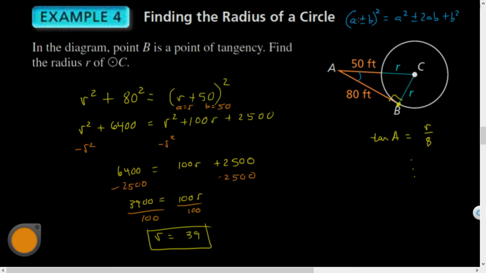This is the square of a binomial pattern, and it's the way that you appropriately expand a two-termed expression that is being squared. The other way you could get that is if you do R plus 50 times R plus 50 in parentheses and FOIL it out, or double distribute it. But if you remember this pattern from Algebra 1, you'll be able to expand it as such. So I did 2 times 50 times R, and I got 100R just like that.